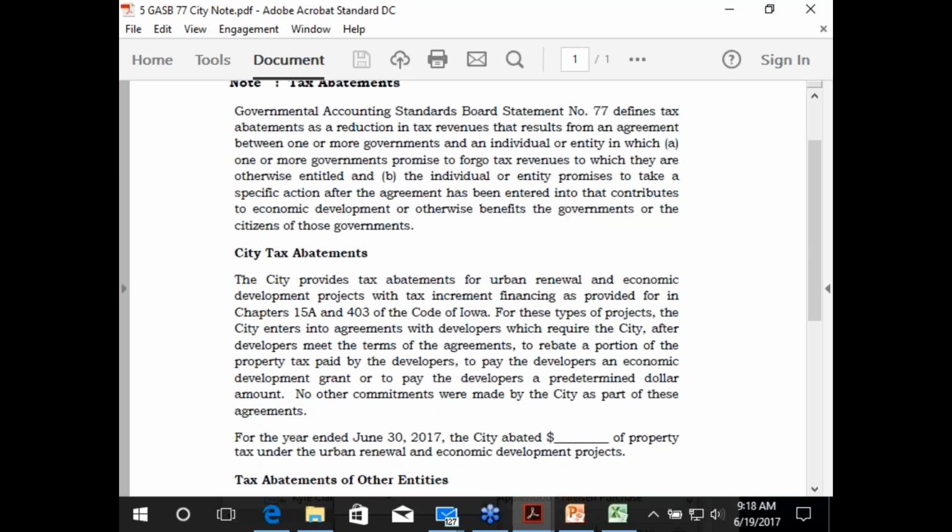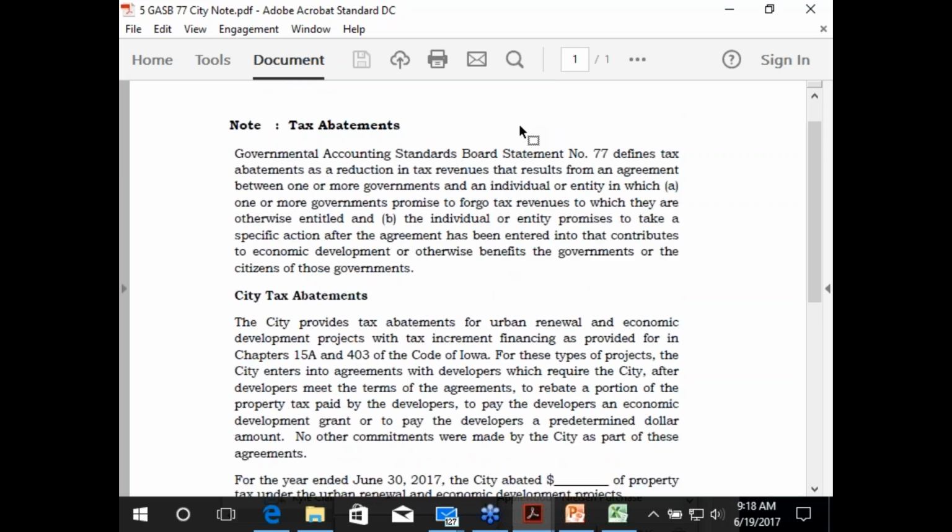Obviously, if a piece is being left out of the pie, that is a potential issue, and that's why they've gone after this. The first note that we're going to look at happens to be a city note, and I'm doing this on purpose because I want to show you some of the pieces that Marlis just got through talking about.